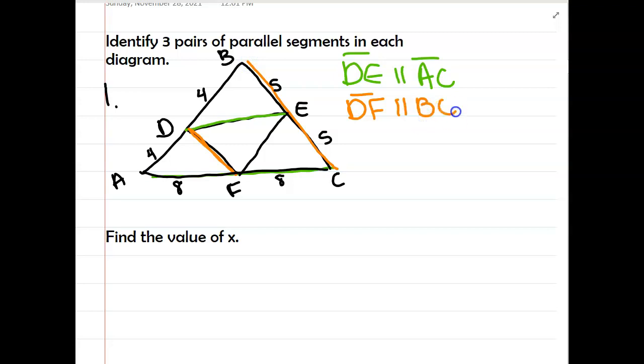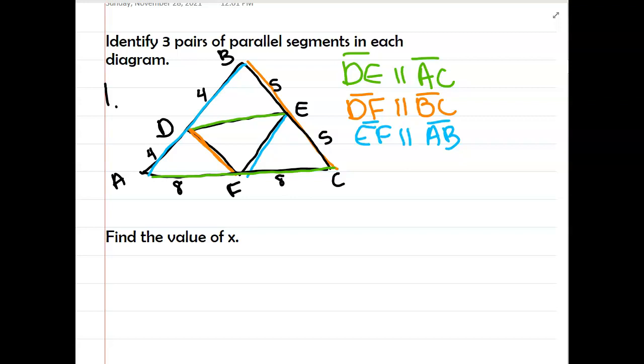Excellent. And what's my last mid-segment here? EF. And if EF is a mid-segment, it is parallel to AB. Yeah, doesn't matter. It means the same thing. Okay, so that's one of the things you're going to be doing today. Easy enough?